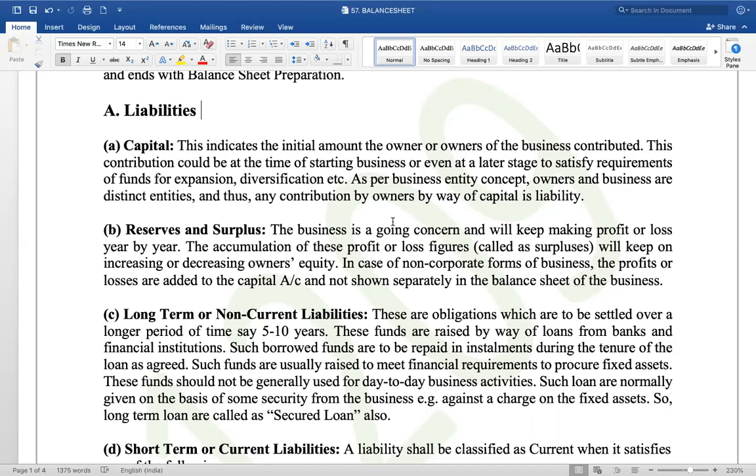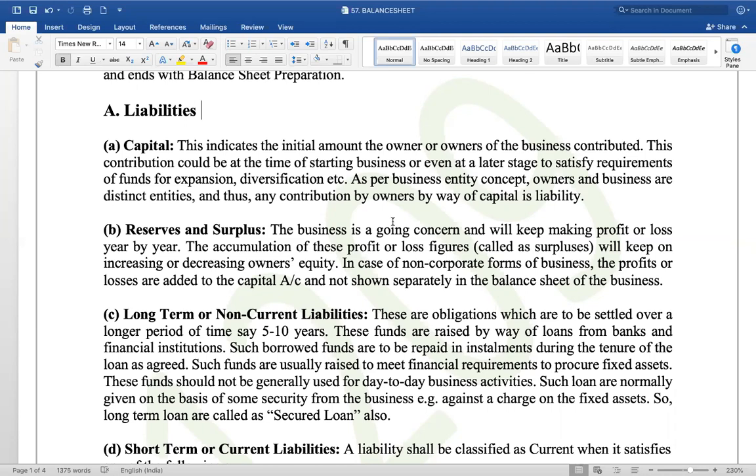If this particular point, which I told you varies from country to country, is not known to the examiner who is valuing your script, he will simply give you zero, because he doesn't know. You have presented a format which is foreign and unknown to him, so he'll simply put zero. Therefore, let's not take risk. Whatever is the practice in India and at Osmania University, that only we will do. We'll take liabilities on the left side and assets on the right side.